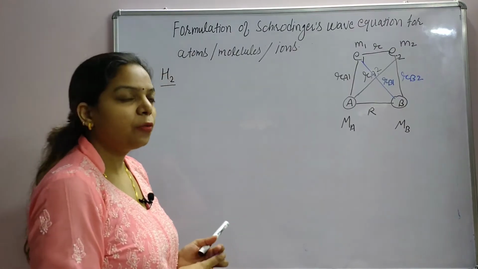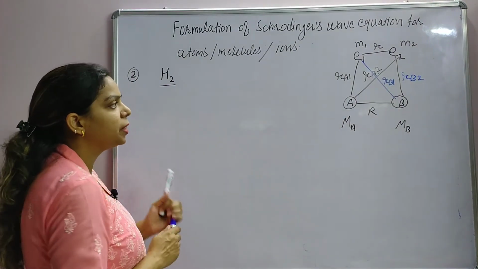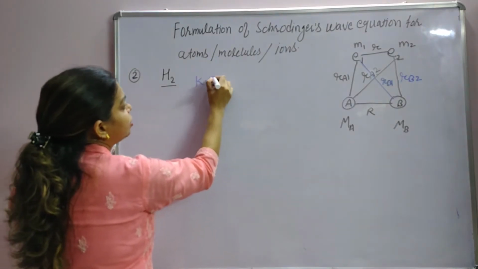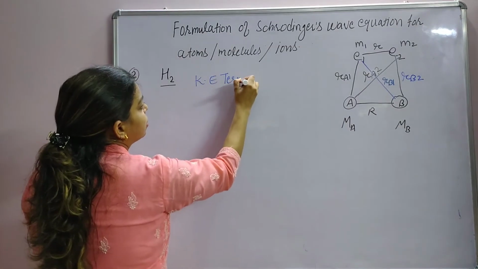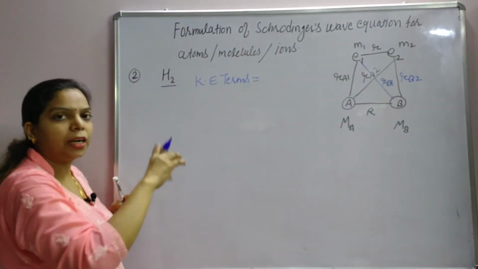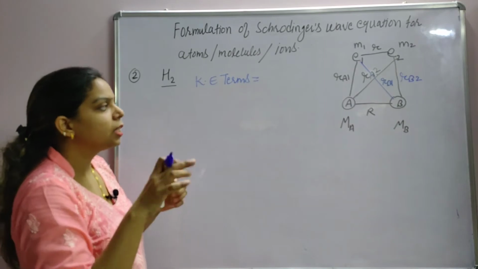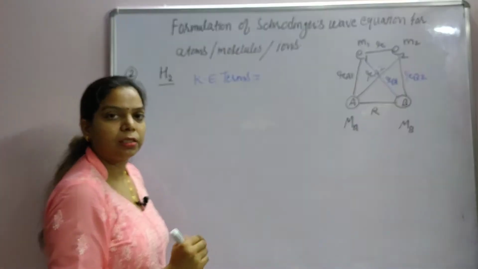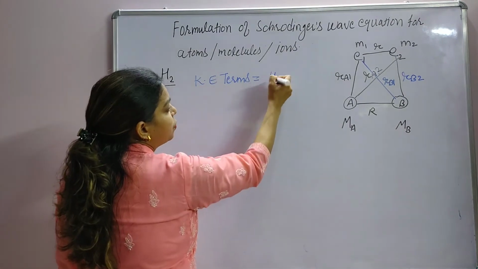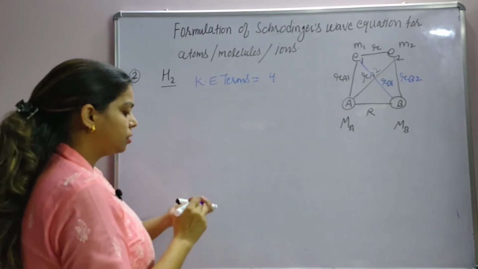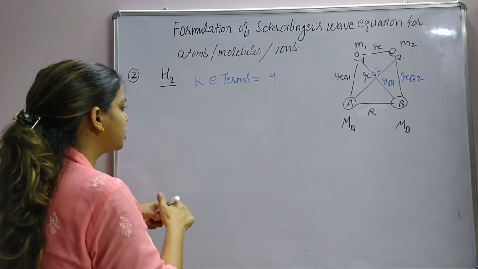So first of all, we must know how many terms will be there, how many kinetic energy terms. The number of kinetic energy terms will be the number of particles or entities involved in that system. So we have 1, 2, 3 and 4 particles. So kinetic energy terms will be 4 corresponding to the mass of each particle. So let's write these terms first.